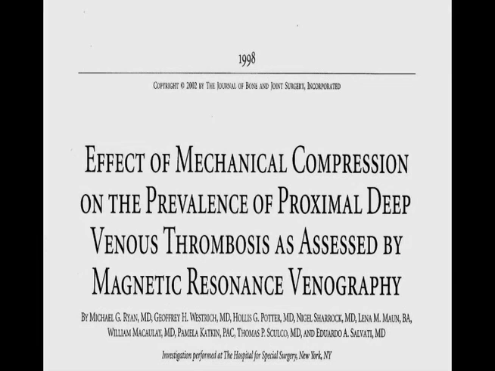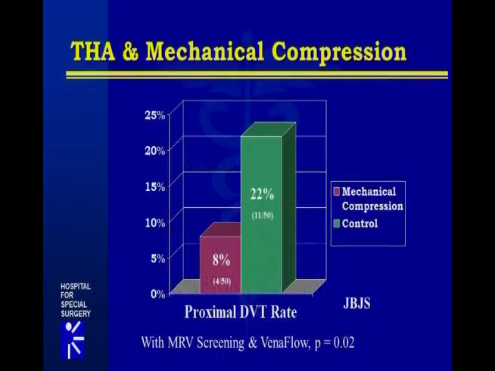What we found was the VenaFlow mechanical compression device lowered the incidence of proximal thrombosis, again found by magnetic resonance venography, from 22% in the control group to only 8% with the VenaFlow device, so a substantial reduction in incidence of deep venous thrombosis. And this was a study that we published in Journal of Bone and Joint Surgery.